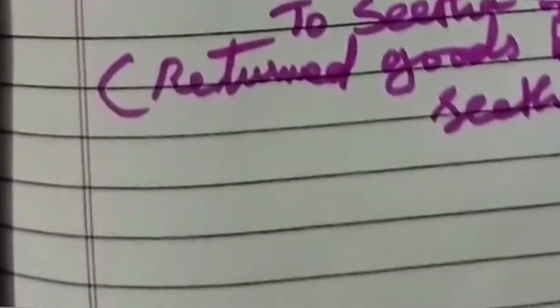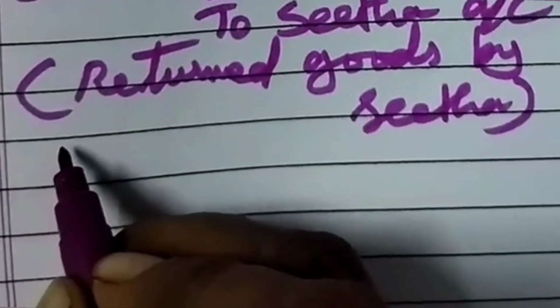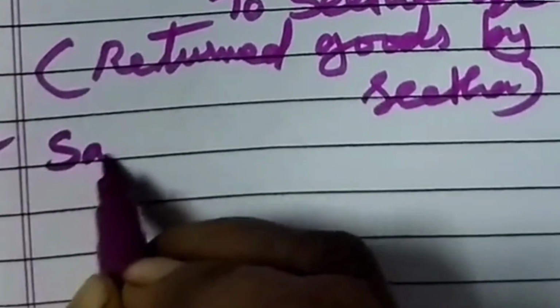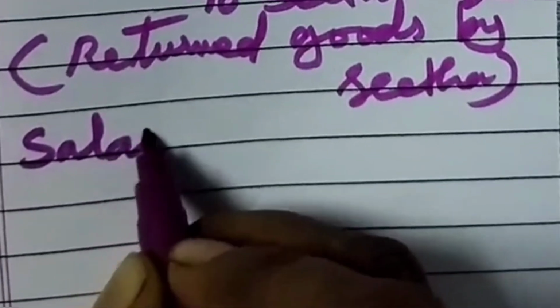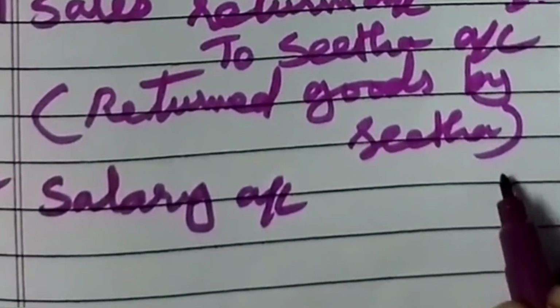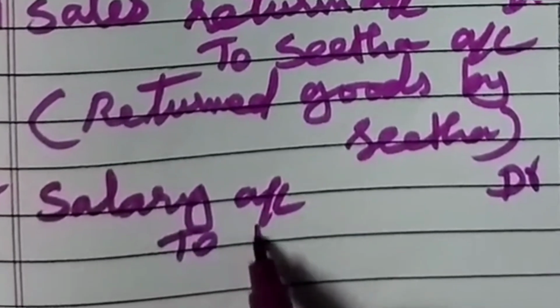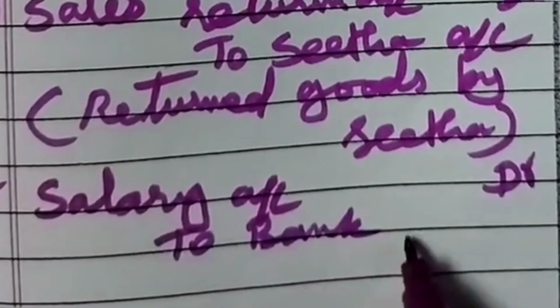That's salary account debtor to bank account. What is the date? 22nd. Salary paid by check. So salary account debtor to bank account.